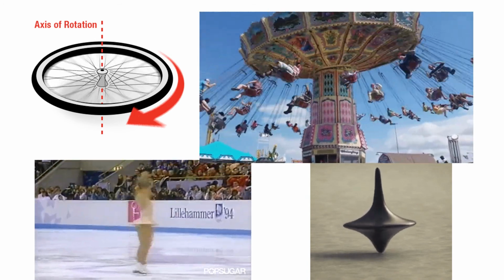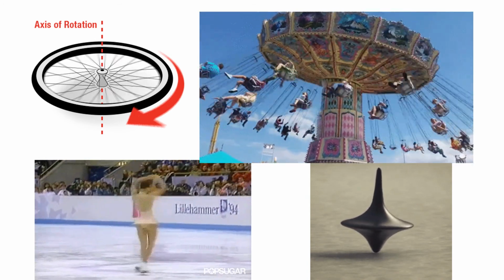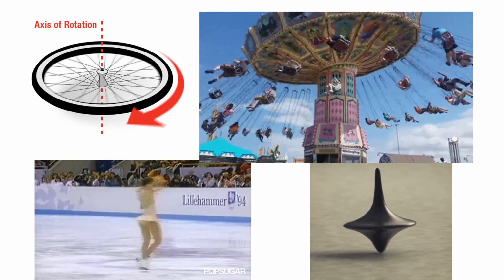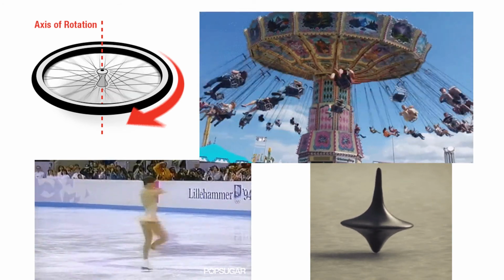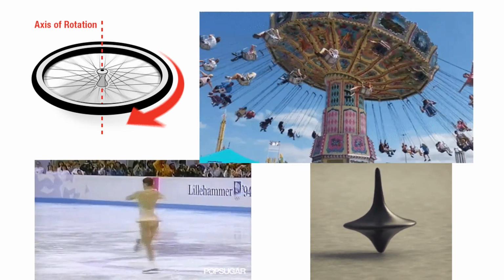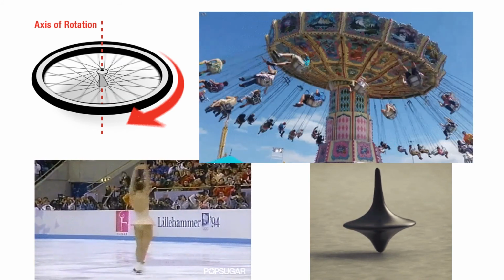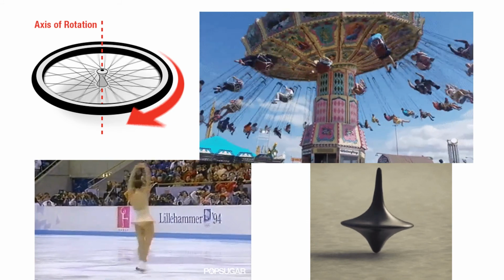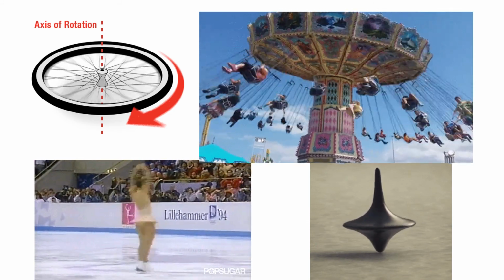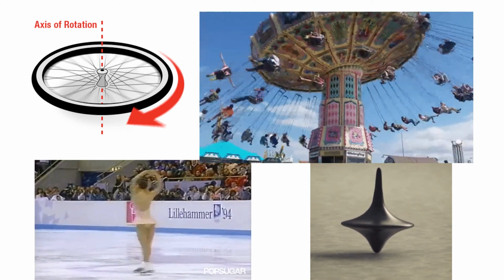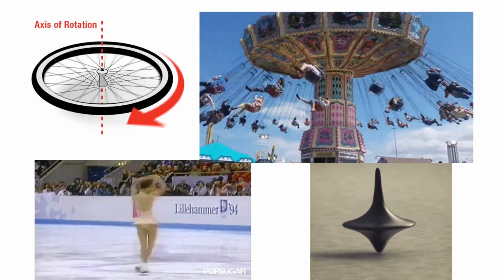In this case, the axis is this metal bar pointing towards you guys. So I just let that go for a while. If I flip up the bicycle wheel, now the axis is pointed up. It's that dotted line. In most of these cases, the axis of rotation is vertical.